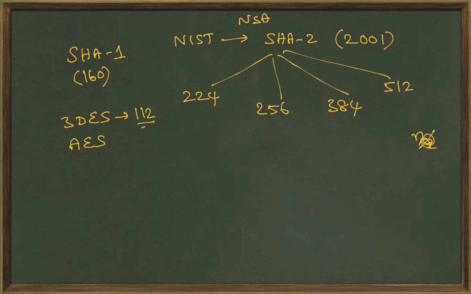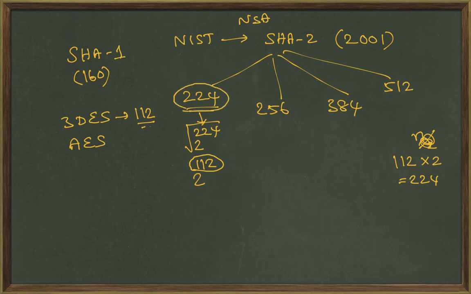So for a security of 112, you need twice that, 2 power 224. Then even if you apply the birthday attack, it will become the square root of 2 power 224, which is nothing but 2 power 112. So you will get 112-bit security. So to provide the same level of security as a 3DES block cipher, you need at least 224 bits for hashing. That's why they created 224.